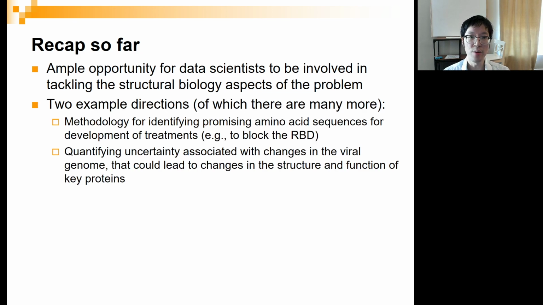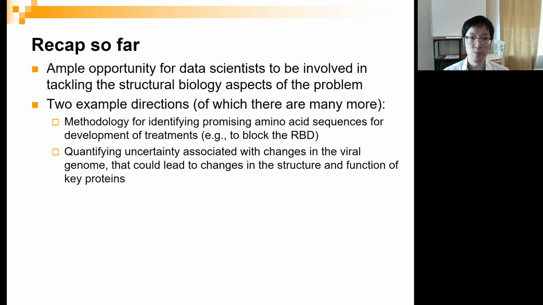I've mentioned two examples of such directions. One was developing methods to identify promising amino acid sequences in terms of how well they would work for treatments, for example, to block the receptor binding domain.